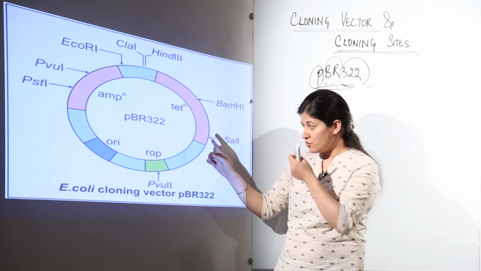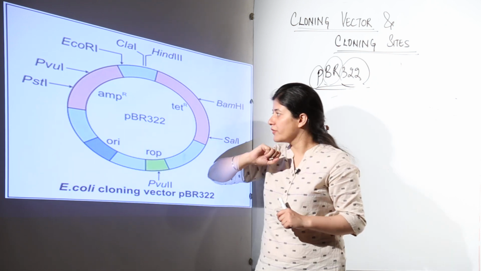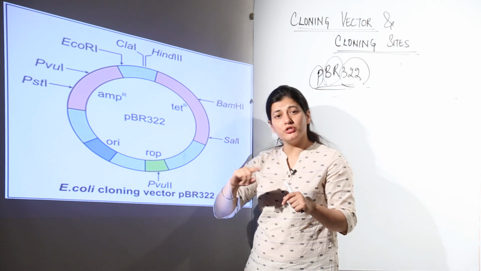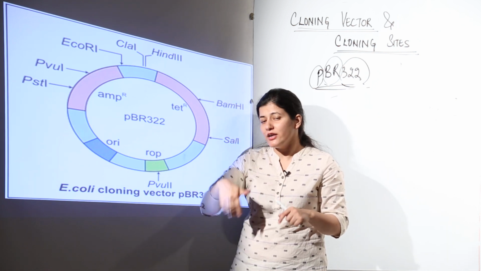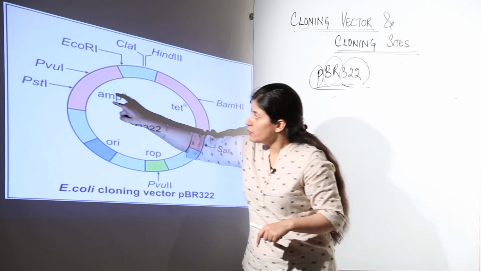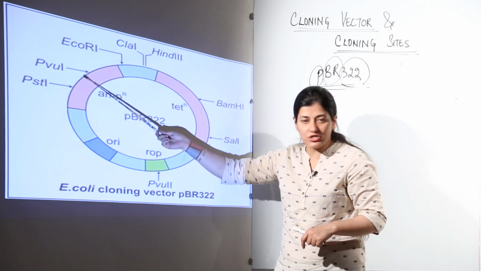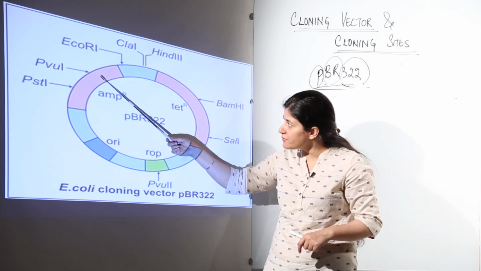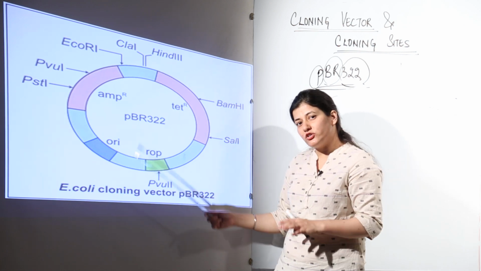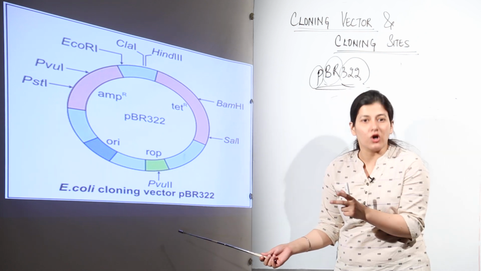Supposedly you want to put your gene of interest over here, and you use another restriction endonuclease, and another gene sequence comes and disrupts this ampicillin resistance gene. Some gene sequence fits over here while your gene of interest fits over here. Once your gene of interest has fit inside the plasmid, this vector becomes recombinant.